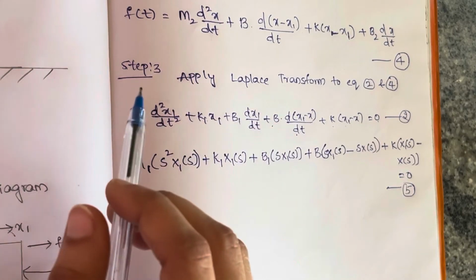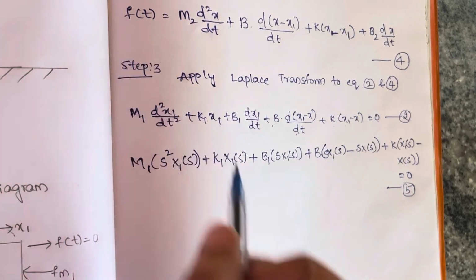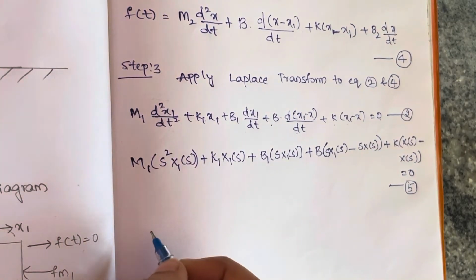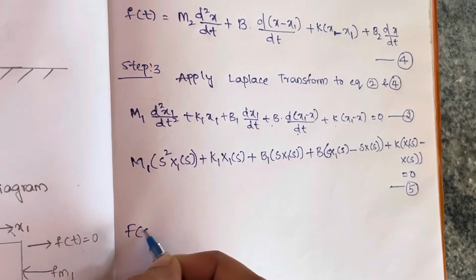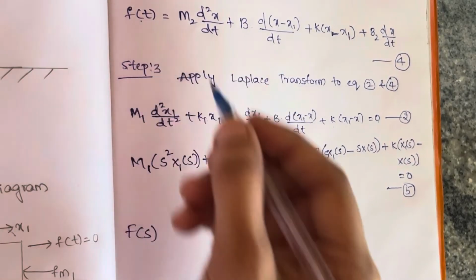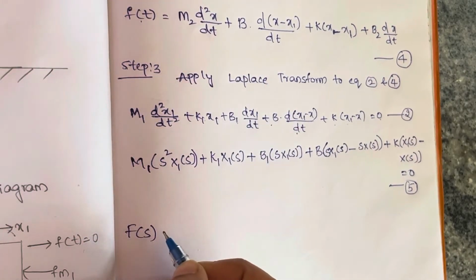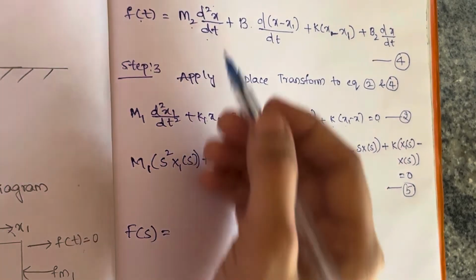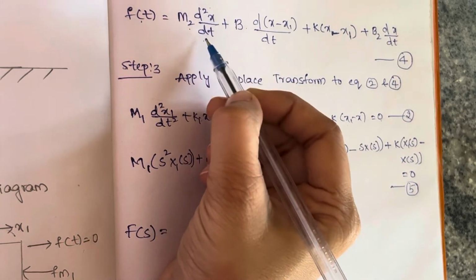So now apply Laplace transform to equation number 4, that is f of t turns out to be f of s in Laplace transform, equals m2 into d square x by dt square.